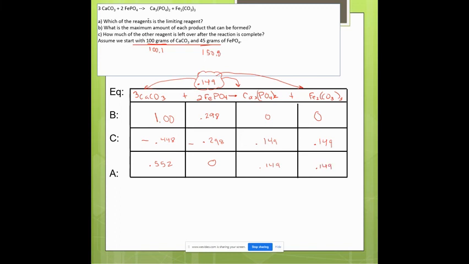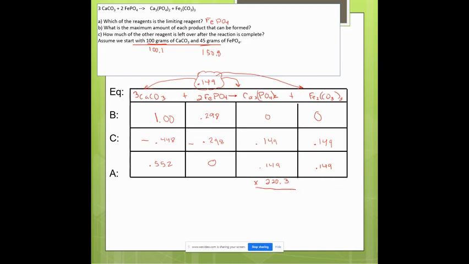All right, so they wanted to know which one is our limiting reactant. That's going to be our iron 3 phosphate. What is the maximum of each product formed? If we wanted it as moles, these would be the mole values. If they wanted mass, then we're going to multiply these by their molar mass. For calcium phosphate, that's going to get multiplied by 220.3.